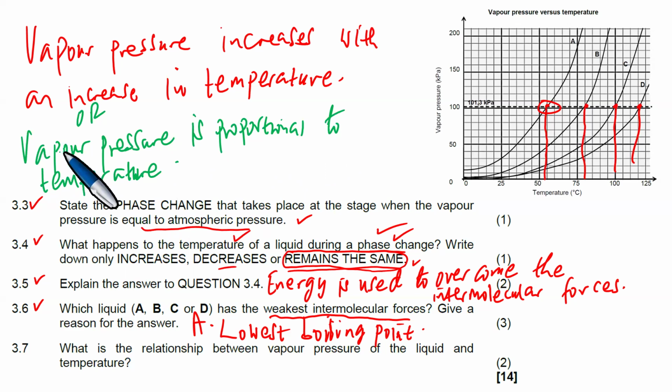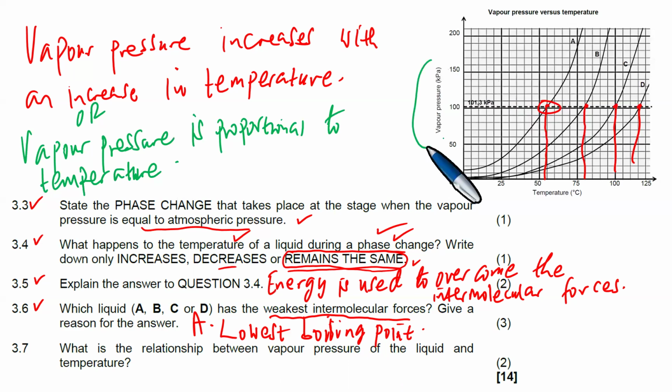Because vapor pressure is proportional to temperature, in other words, when the vapor pressure increases, the temperature also increases. So vapor pressure increases with an increase in temperature, and that is the relationship between vapor pressure of the liquid and temperature.